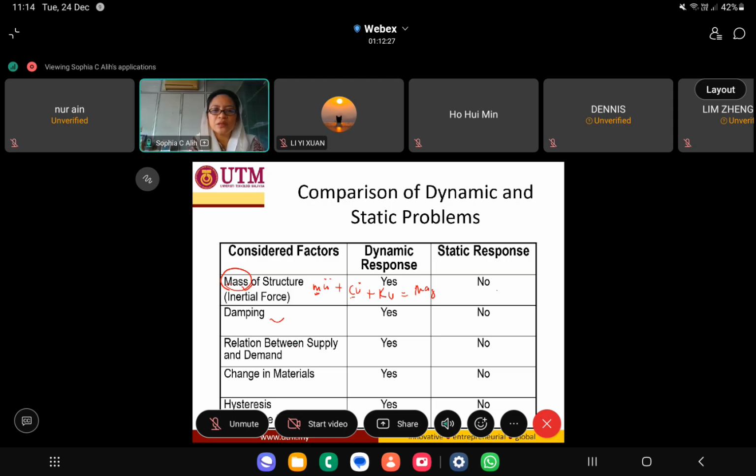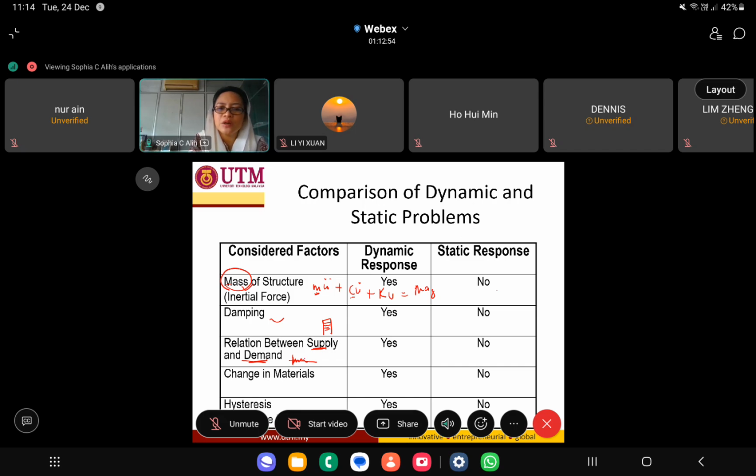And you also need to see the relationship between supply and demand. What does it mean? It is what your structure can give and what excitation is needed from your structure. The supply is the capacity of your structure. With your design, you know how strong the structure can be, and then the demand comes from the earthquake.